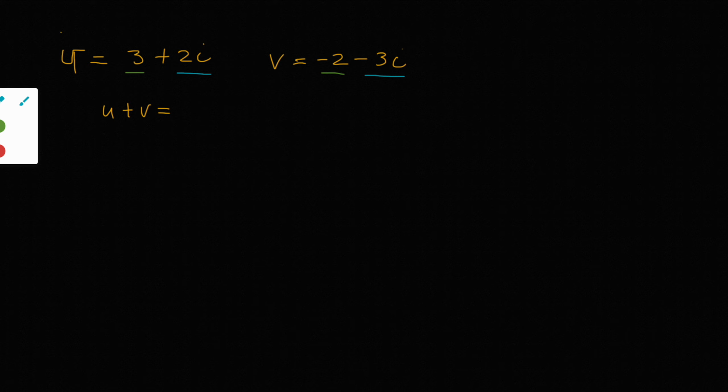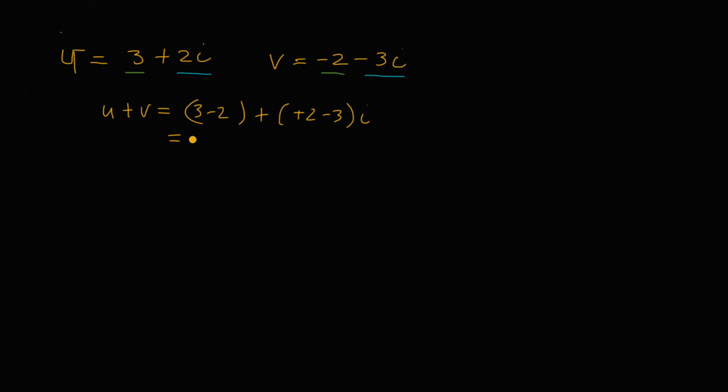So if we add the two complex numbers, we do 3 plus minus 2, and we also want to take the plus 2 minus 3 for the i. So 3 minus 2 is 1, and 2i minus 3i is minus i. So if we add these two complex numbers, we get 1 minus i.